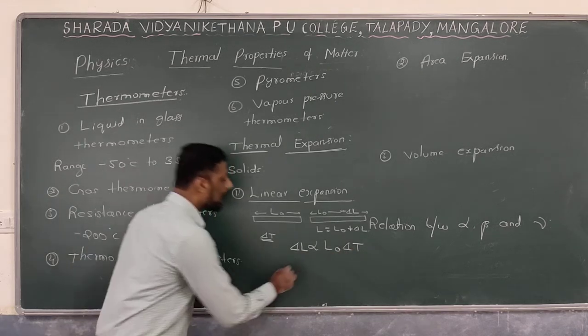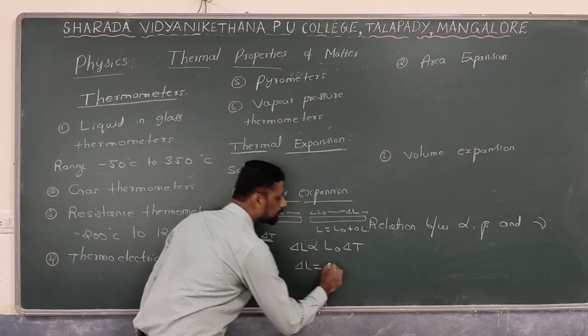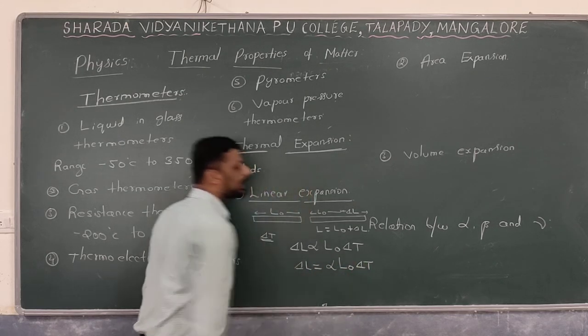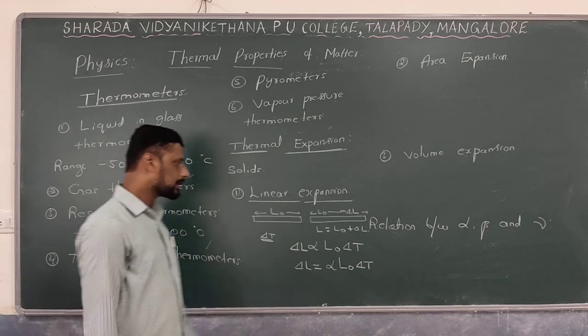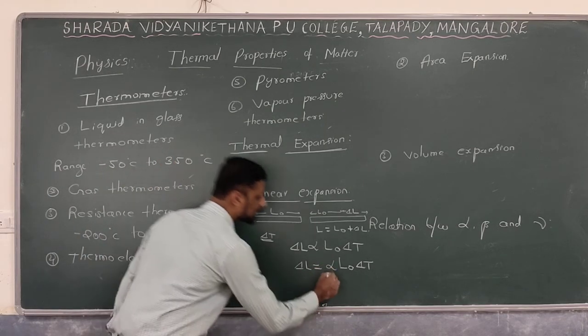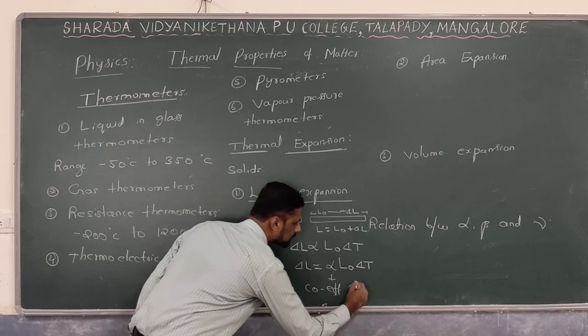And in terms of a constant, we can write delta L is equal to alpha into L0 into delta T, where alpha is a constant which is called the coefficient of linear expansion.